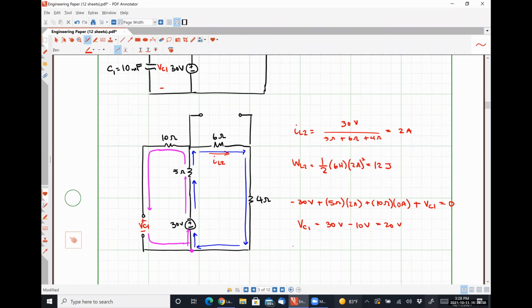And from this, WC1 is equal to 1/2 times, let's see, C1 was 10 millifarads times 30 volts quantity squared. Excuse me, 20 volts quantity squared. I apologize. Is equal to 2 joules.